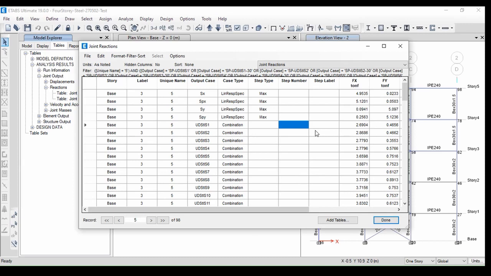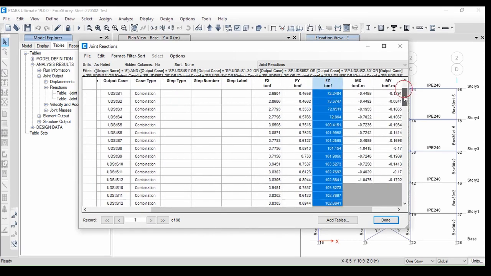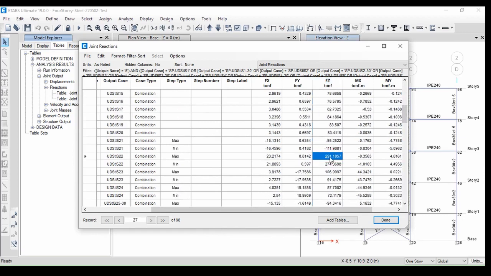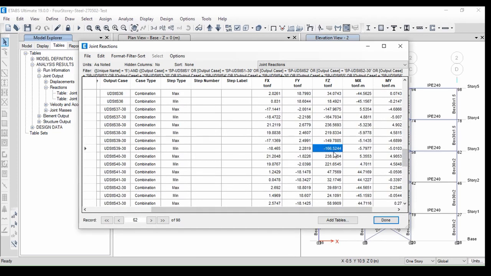Okay, here read both the negative and positive absolute maximum. Fz is representative of axial force, so here there is 291 ton positive force, and here there is a 166.52 ton negative force.